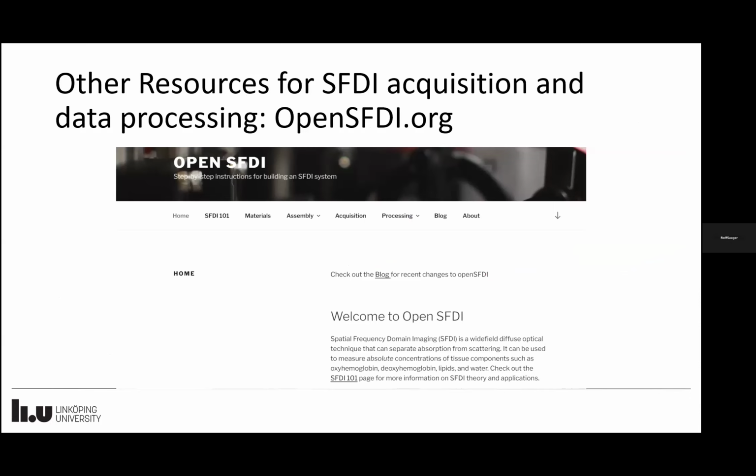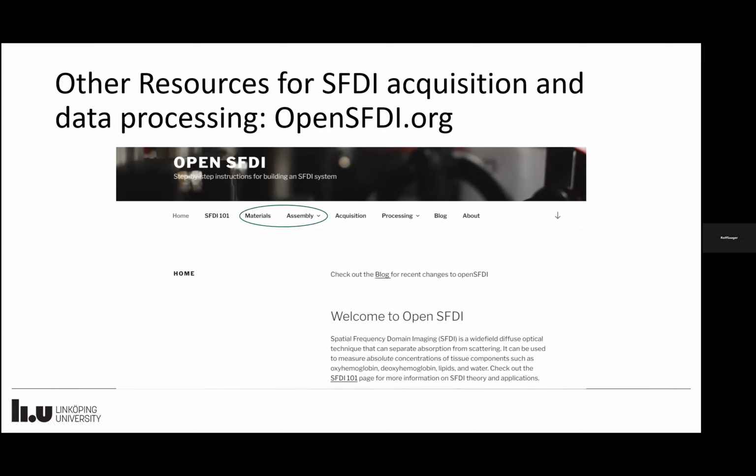And of course, other things to just look at SFDI in general. There is this website. It's called opensfdi.org. This was a collaboration project initiated by Darren Robler's group in Boston University and has contributions from multiple different places. And to try to collect and give a general introduction and tutorial of how to get started with the spatial frequency domain techniques.